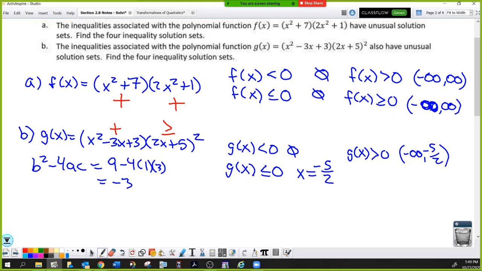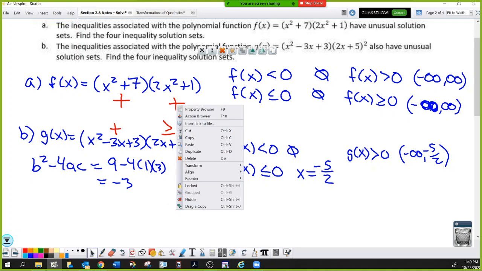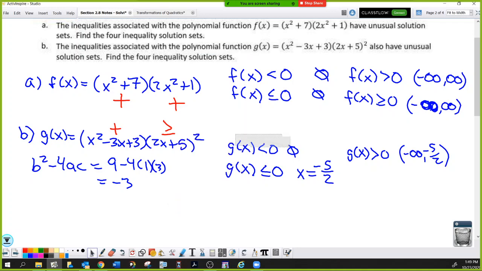I'm going to run out of horizontal space. Oh my gosh, it's terrible. Let's see if I can isolate just this stuff. Nope, of course not. Oh well. I'll just have to string it together over here. Union. Sorry, I'm out of space. Negative 5/2, comma, positive infinity.